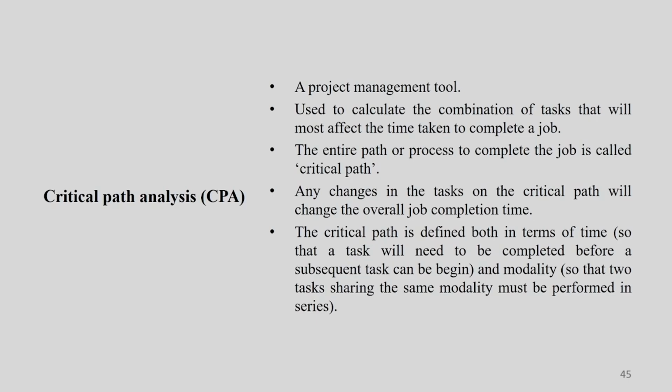So two major factors are present here: one is time, second is modality. Time says that a particular task needs to be completed before a subsequent task can begin, right? Task 1, task 2, task 3, like that. And if task 1's time consumption is not sufficient to start task 2, task 2 will be stalled, so it will not be able to start.